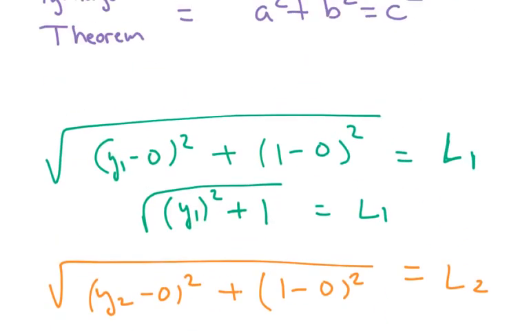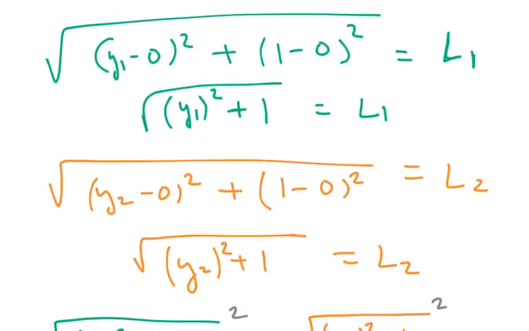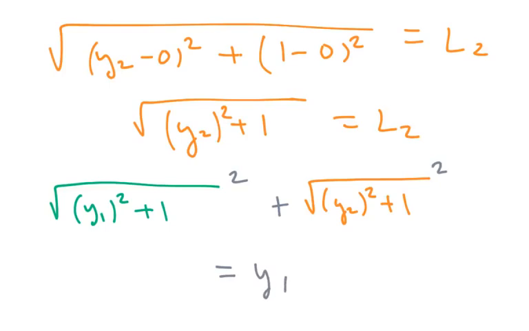This is going to equal this distance here. Well, what is this distance? This distance is the difference between y1 and y2, right? So if I take whatever this value is and I subtract this value, that gives me this distance. So y1 minus y2. So this equals y1 minus y2, that distance squared.